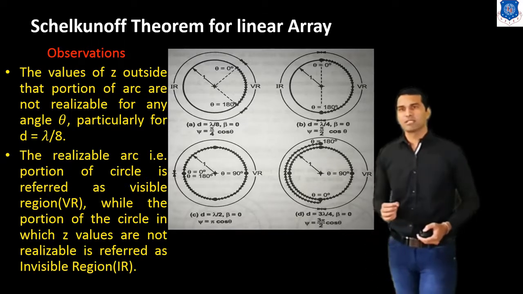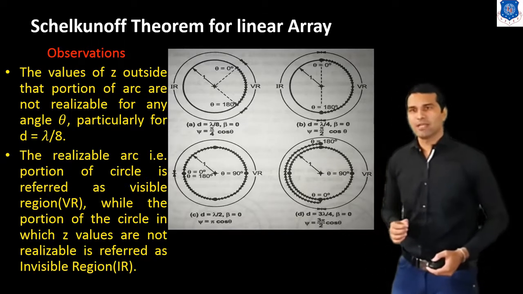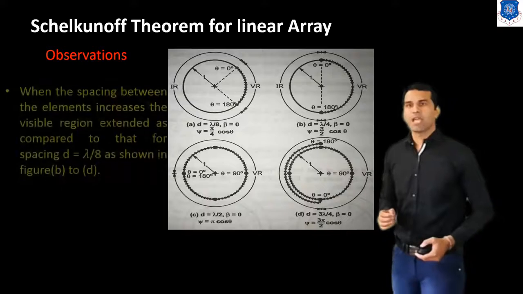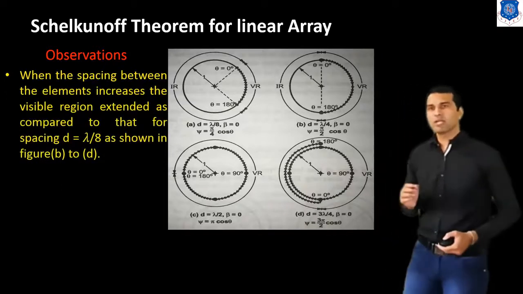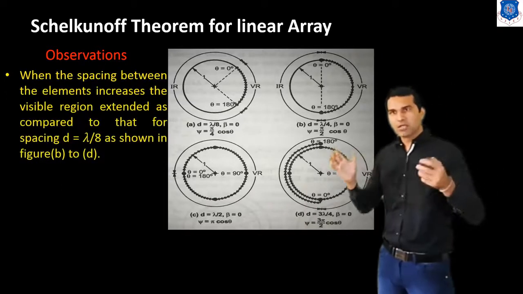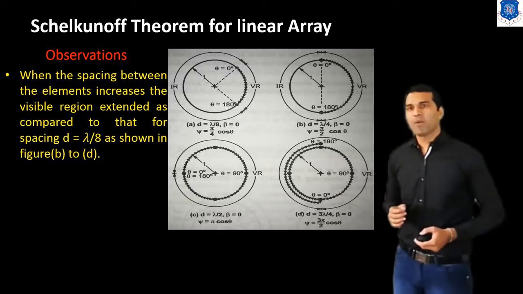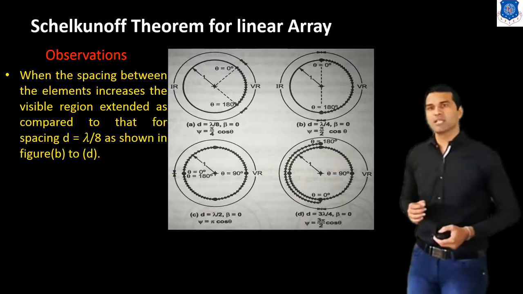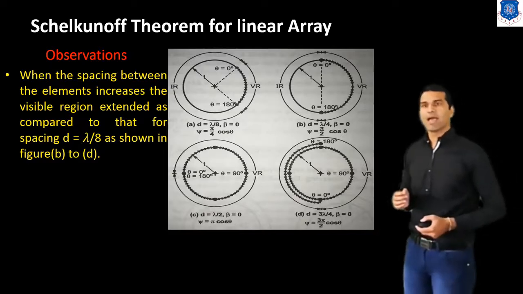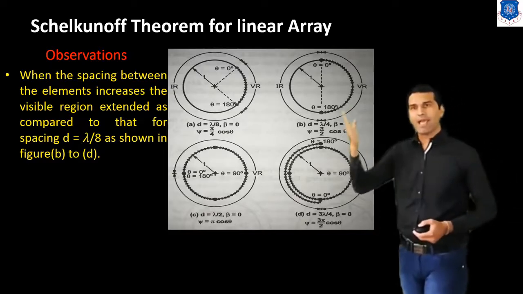Then, when the spacing between the elements increases, the visible region extends compared to that for the spacing d equal to lambda by 8, as shown in figures B and D.